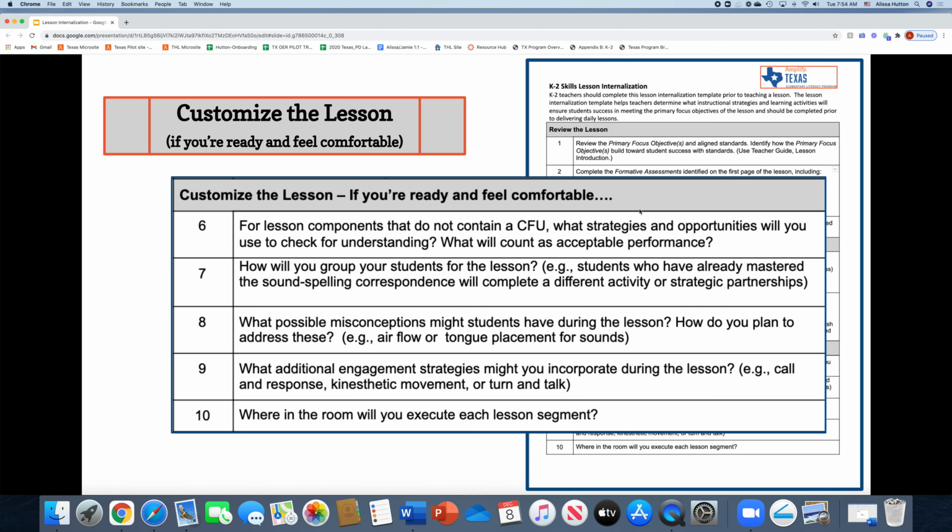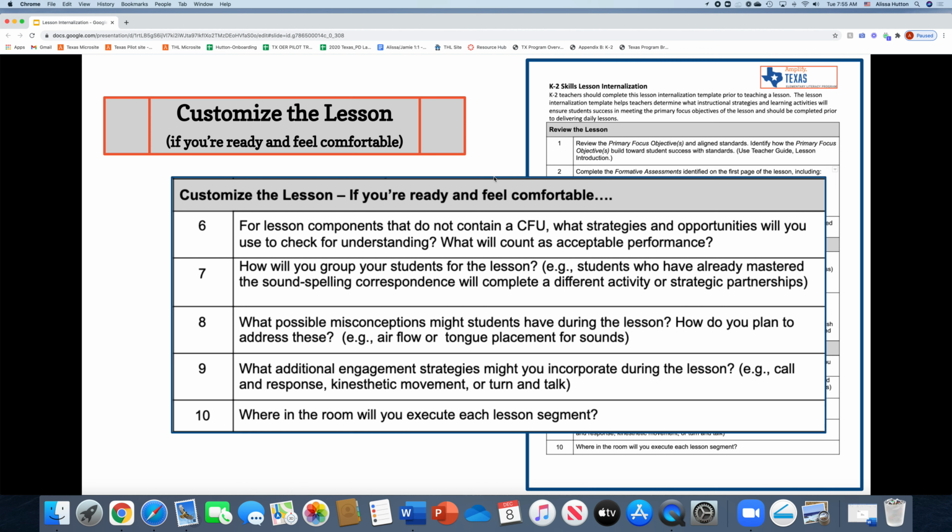The final part of the lesson internalization is really working to customize the lesson. As it states on the template, it is recommended that you only move into these steps when you are ready and feel comfortable with the lesson plans as they are written and are ready to make some adjustments.